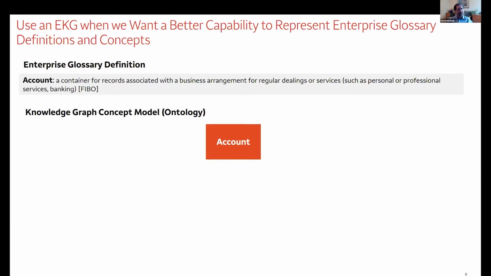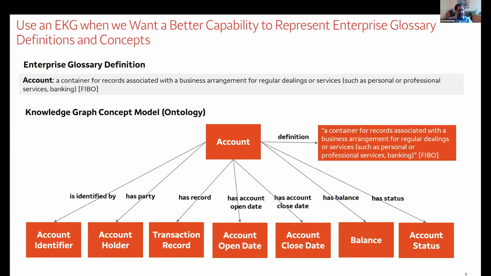Contrast that with where knowledge graphs are going, where the knowledge graph will eventually become the system of record for enterprise definitions and dictionaries. So instead of a label with a definition only, we'll have an entity or a concept for that particular item, in this case, a node called account.